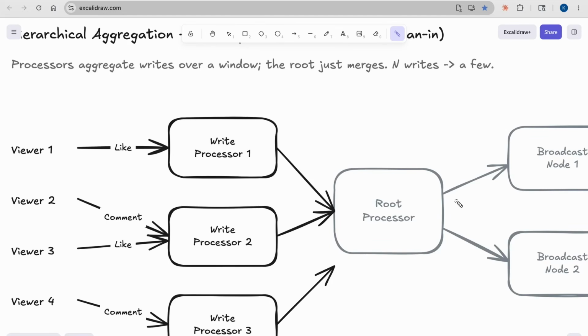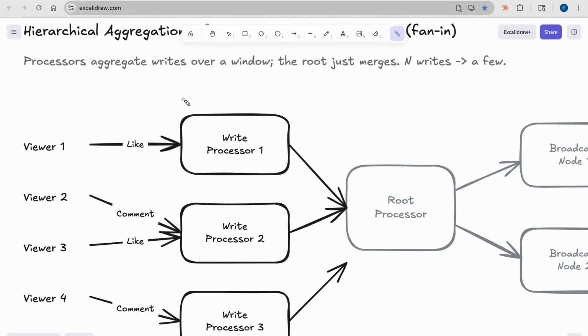So how do we choose which viewer goes to which write processor? It can be chosen based on the ID of the comment, for example the ID of the comment being liked. I'm just stating an example of live video streaming for comments.